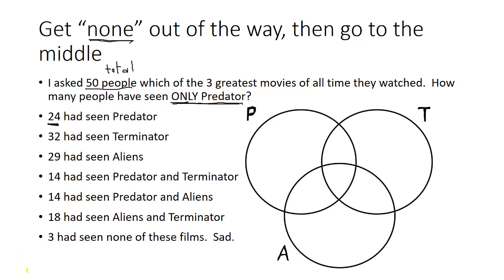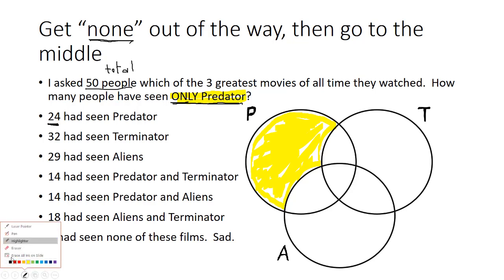Remember, this is going back to that pitfall. It's not quite that easy as just grabbing that number in this case. Only Predator is this sector here, because that means they've seen Predator, but they have not seen Aliens and Terminator. So this, seen Predator, that would be this whole circle here.